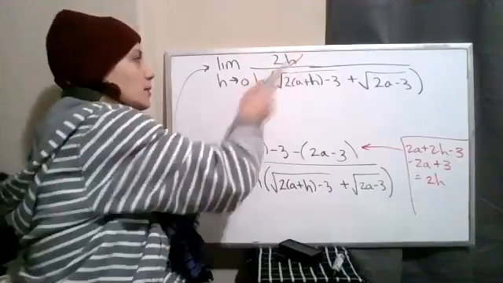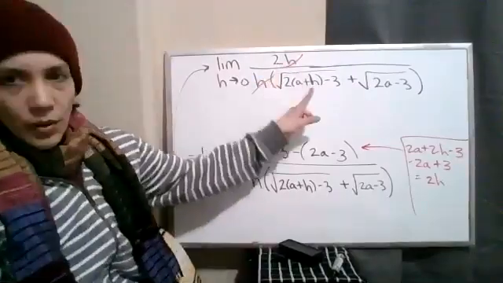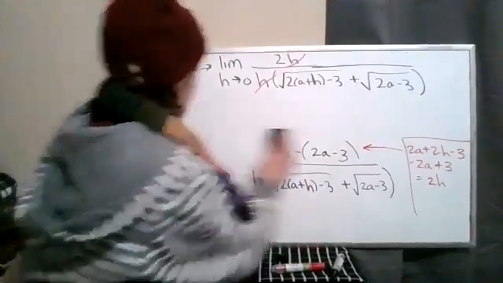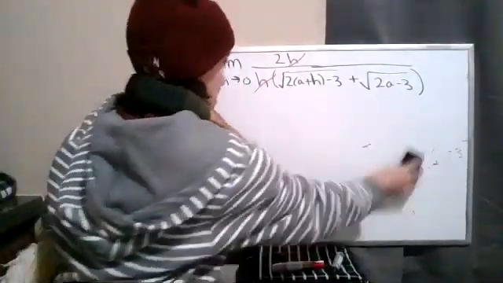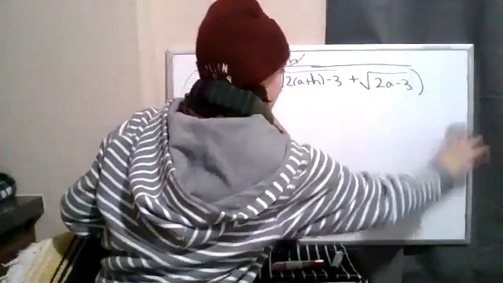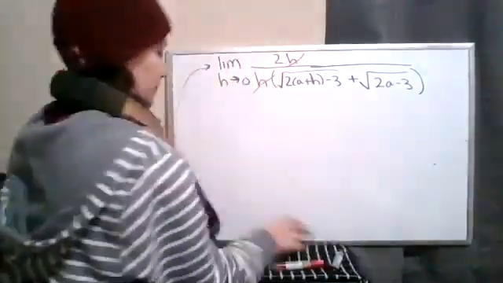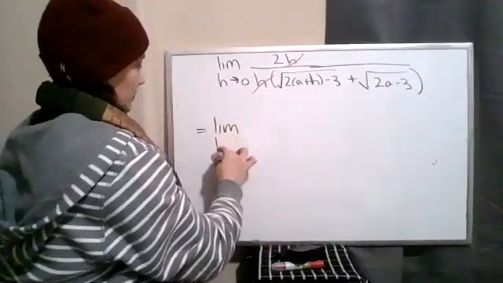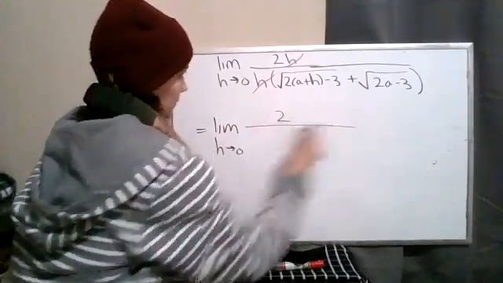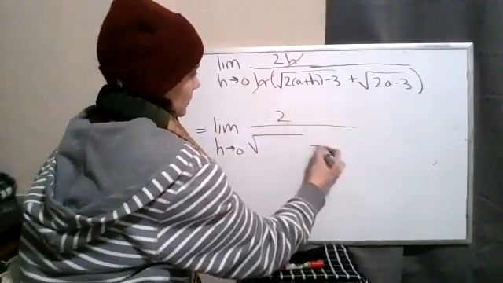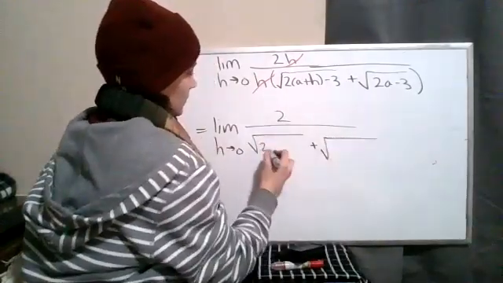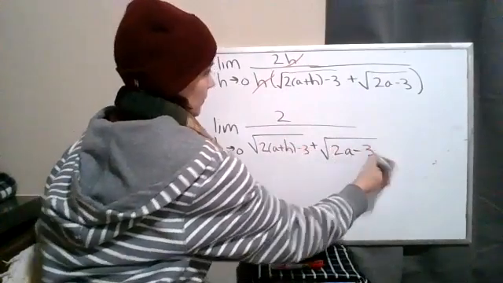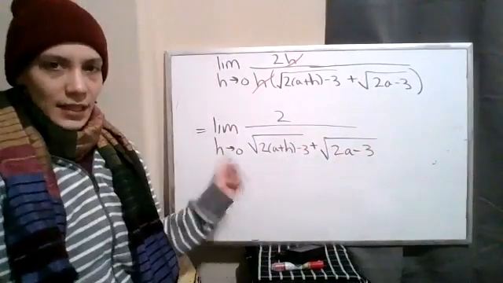You know, people do this. 2 over that. Cool. Let's let h go to 0 now.